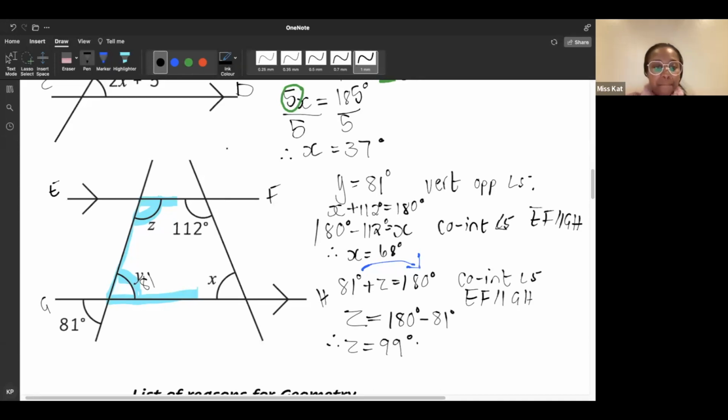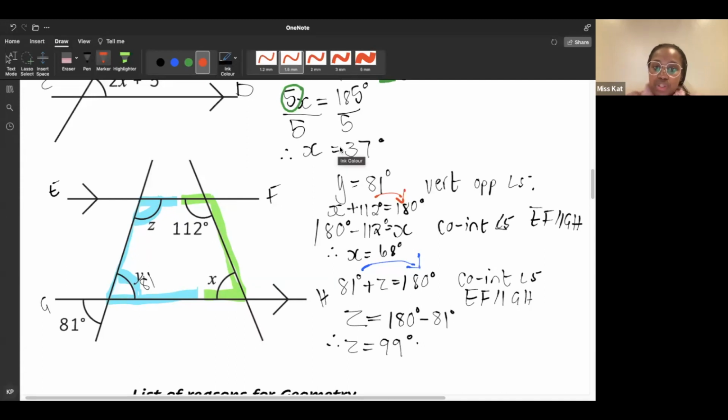Because they are co-interior, facing the other way. Now we want x to be alone. So what are you going to do with this 112? You're going to take it over to the other side. Do you see how we ended up with 180 minus 112? Did I answer your question? Thank you.